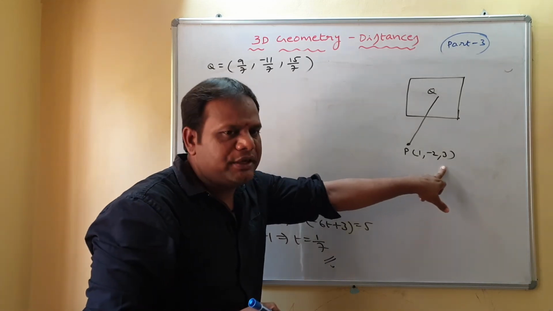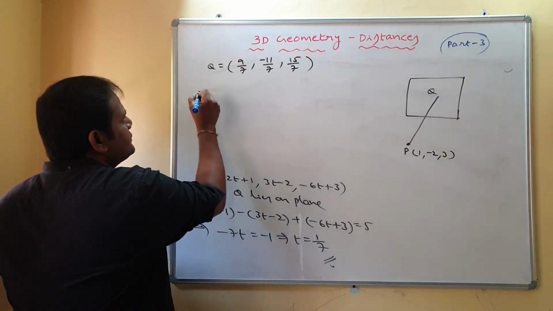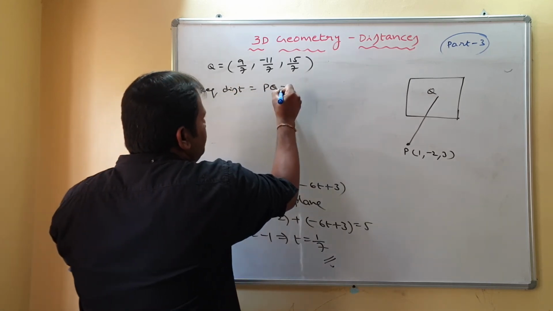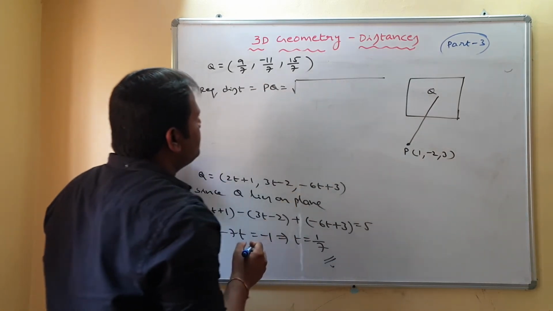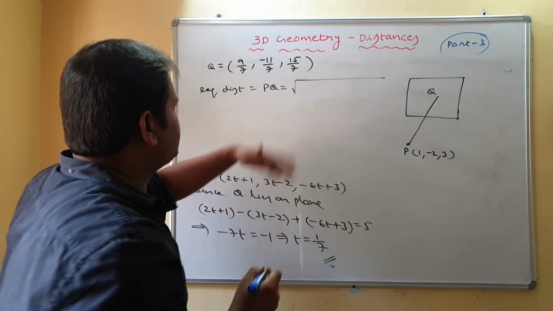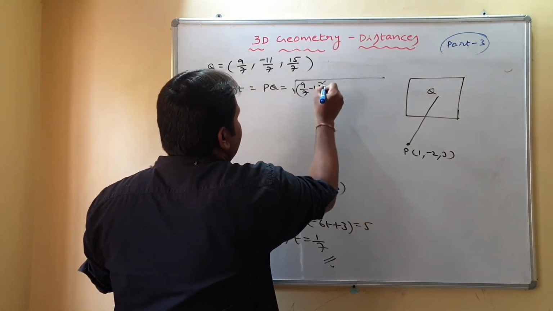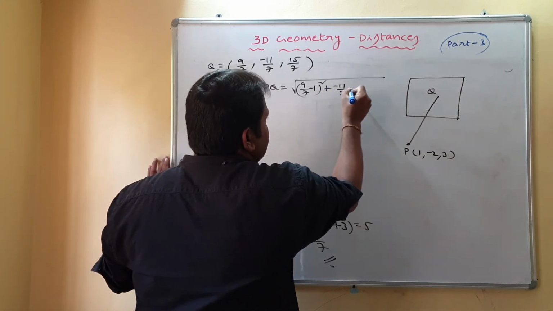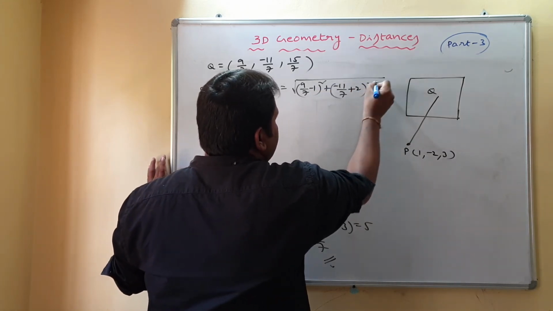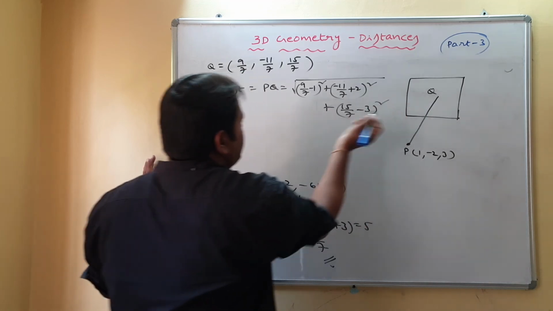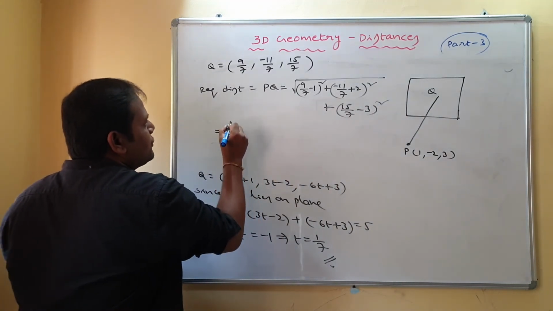Already we have P, so can you find the distance? The required distance is PQ. PQ equal to the root of (x2 minus x1) whole square plus (y2 minus y1) whole square plus (z2 minus z1) whole square. So (9 by 7 minus 1) whole square, plus (minus 11 by 7 plus 2) whole square, and (15 by 7 minus 3) whole square. Just do the simplification and you can get the answer.